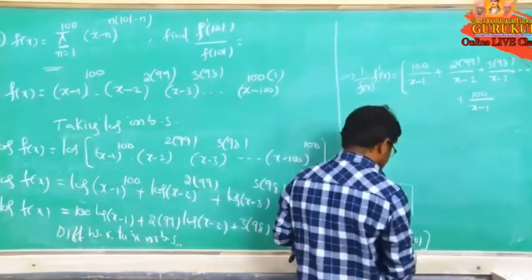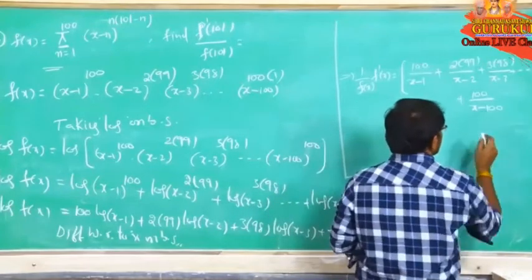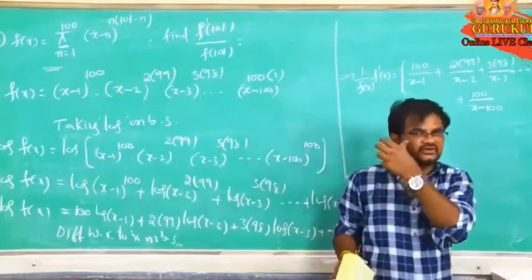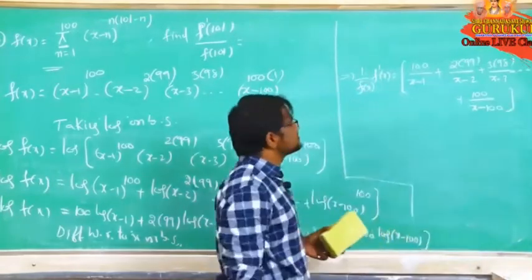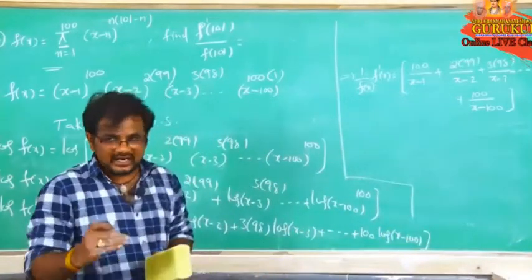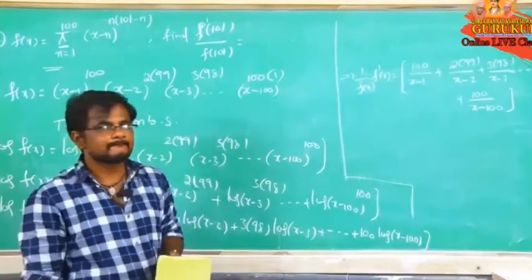Differentiation of log of x minus 100 gives 1 by x minus 100, and again the differentiation of x minus 100 is 1, so no need to take it. Now this is our differentiation. But what value did they ask for here?